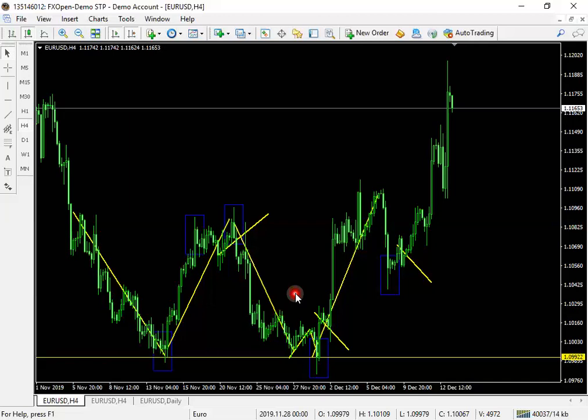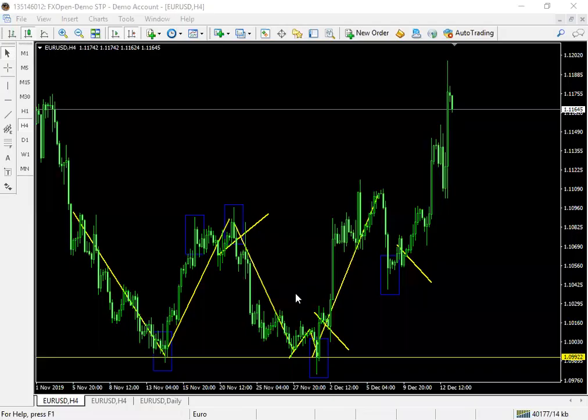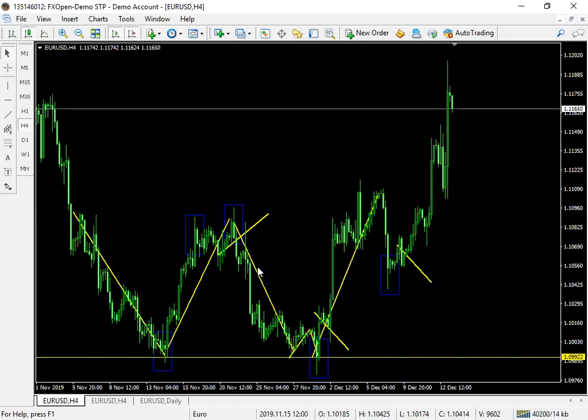At the end of the day, you are going to have these markets where you basically have a double bottom within a double bottom.